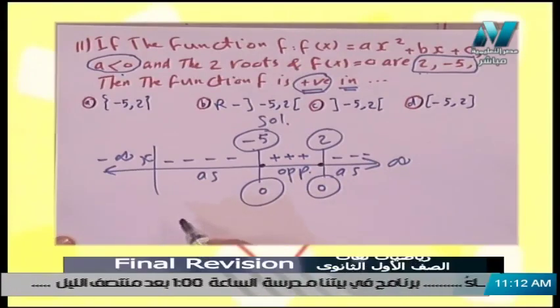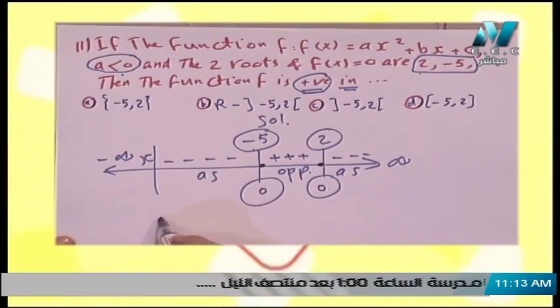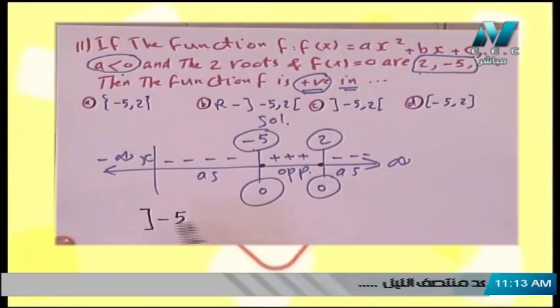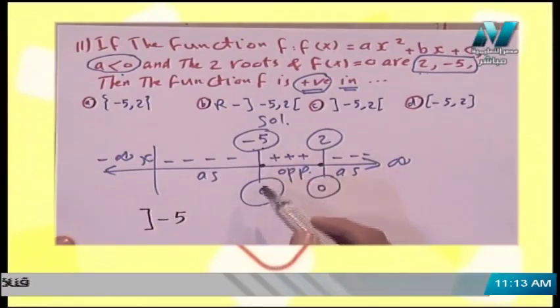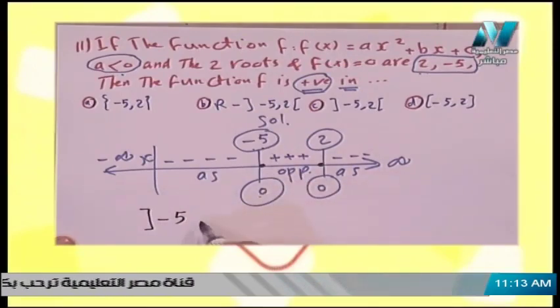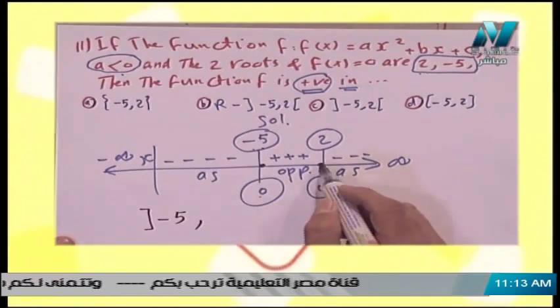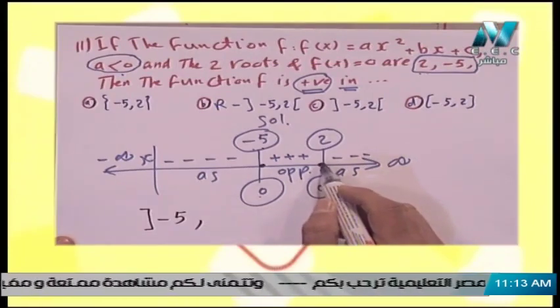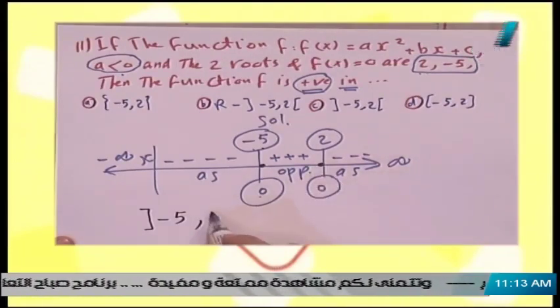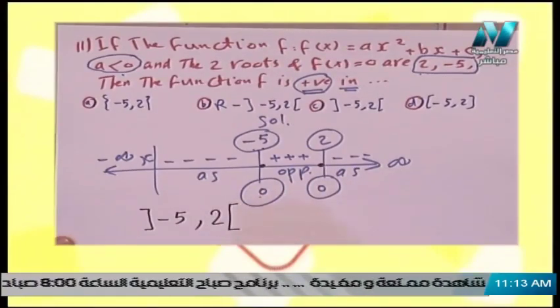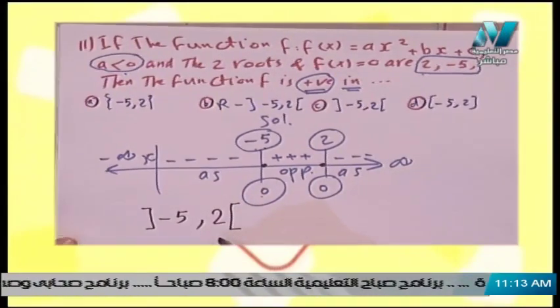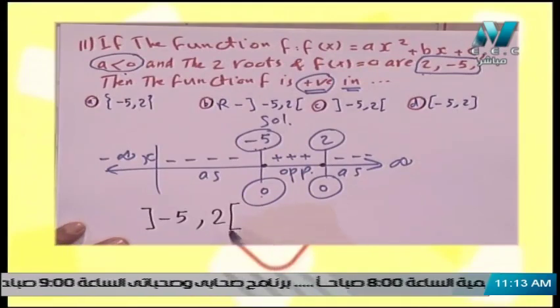So the positive part will be negative 5, but it's open because negative 5 itself will be 0, and its end is directly before 2. So we put 2 also as open.